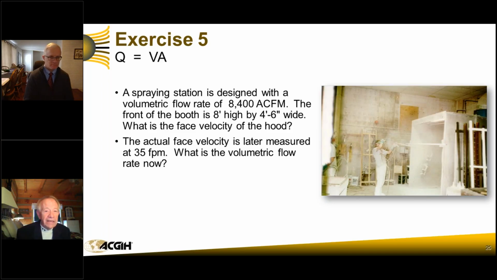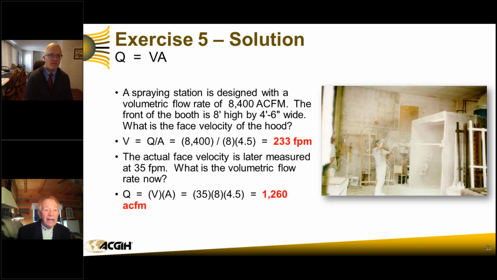The actual face velocity is later measured at 35 feet per minute. What's the volumetric flow rate now? Well, the spray station is designed for 8,400 CFM, so to come up with V, we take Q divided by A. Q is 8,400.